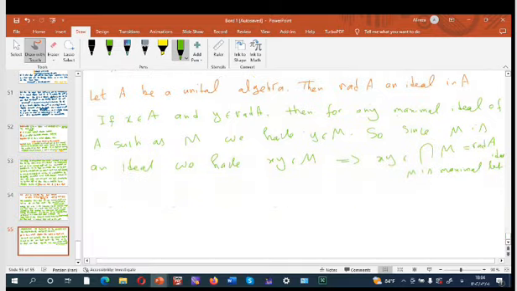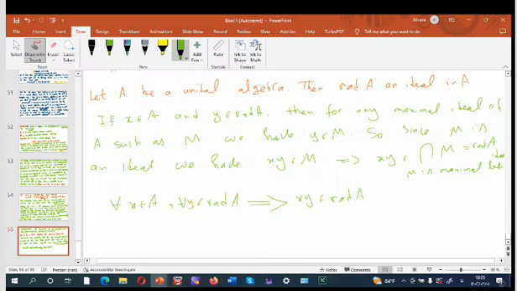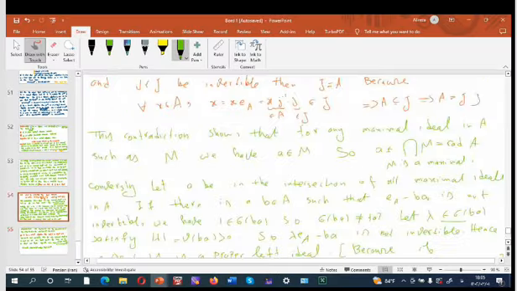So we prove that for each x in A and for each y in the radical of A, we have xy in the radical of A. So the radical of A is an ideal, and let me check this definition.